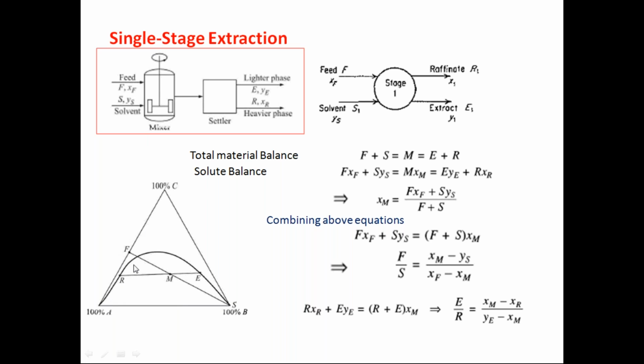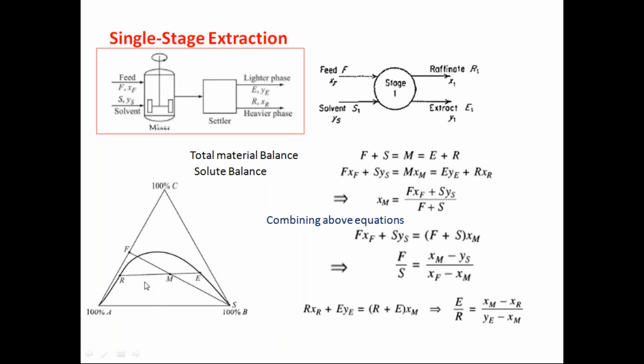So what is happening in the mixture? In the mixture, you are adding feed with this solvent. So you will get this one. This is called a mixture operating line. In the mixture operating line, when the feed and solvent are added, the concentration of the C, initially this is the concentration of the C, will come down because it is being diluted with the solvent.